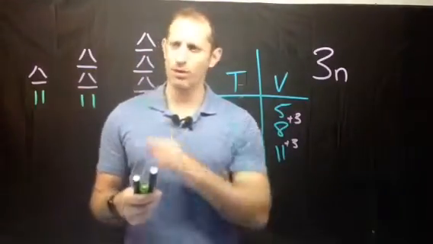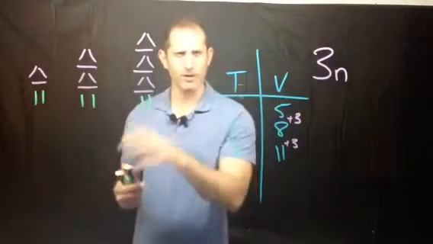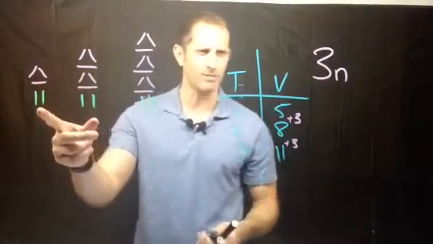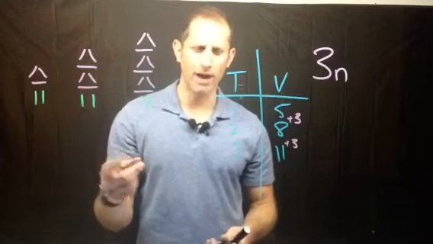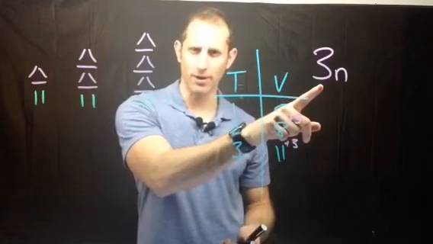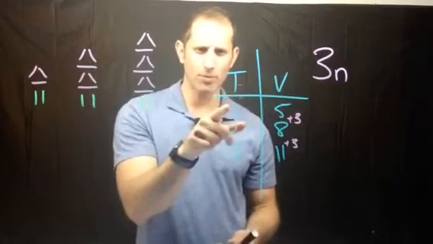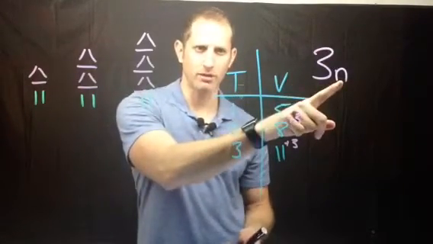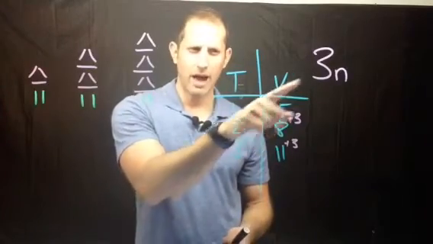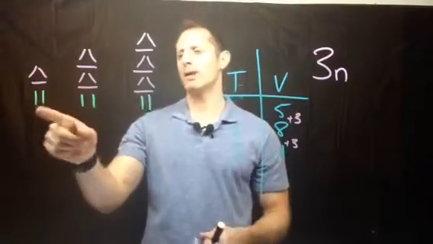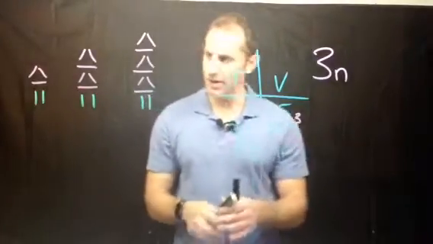What do I do with them? Well, they're part of the expression because I counted them as part of the value. So how do I make that work? If I look at this expression, 3 times term number 1 would give me 3. But I'm not looking for 3, I'm looking for 5. How do I get 3 to equal 5? Oh, it's because I forgot these 2 guys over here.